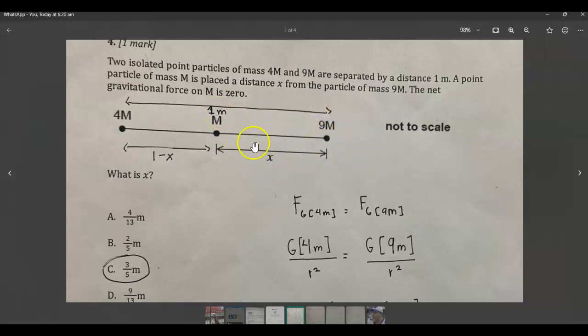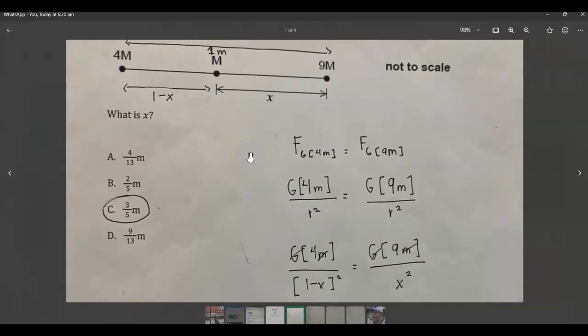So 1 meter minus x will be the distance between 4m and the point particle. Now, to solve the problem, since we're talking about equal forces, we equate the gravitational force experienced by 4m with the gravitational force experienced by 9m. Therefore, we substitute G times 4m over r squared.